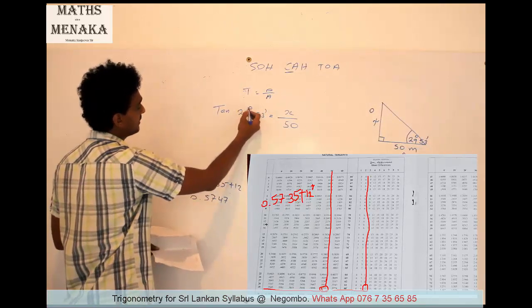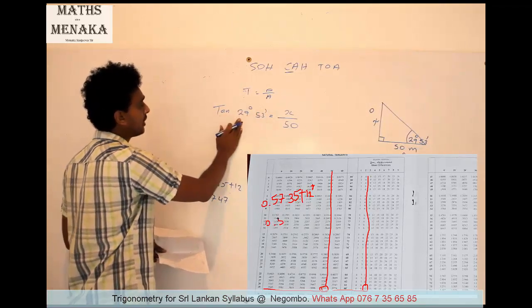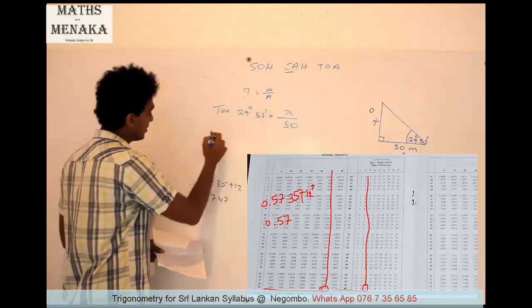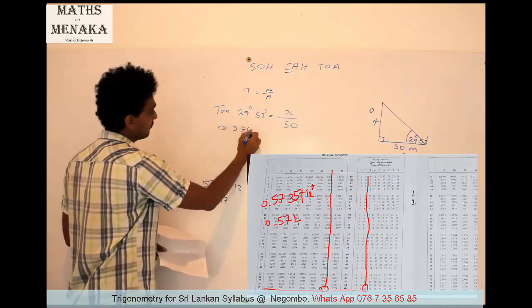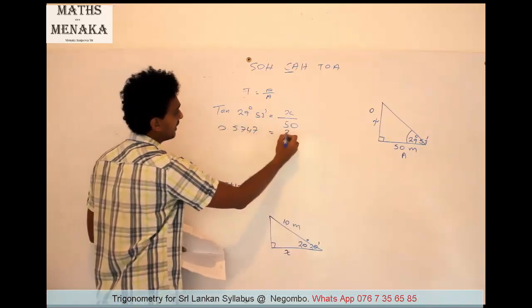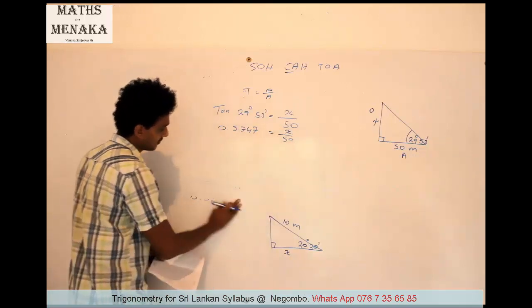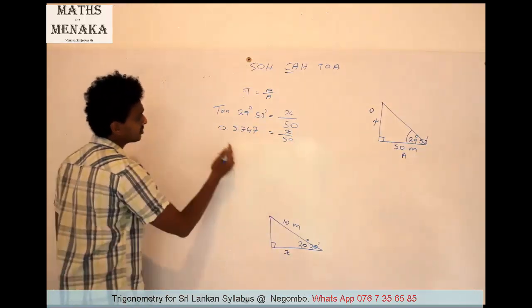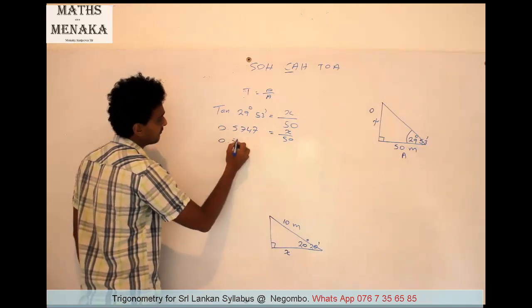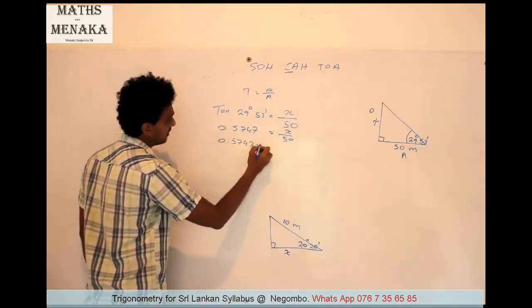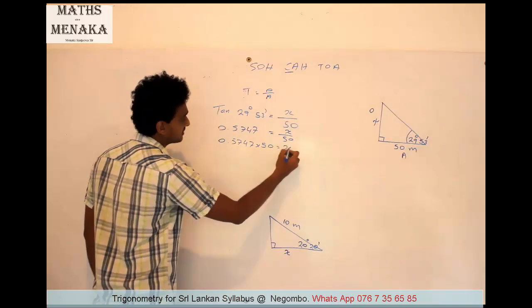Tan 29 degrees 53 minutes, 0.5747, equals x over 50. Then you can do the cross multiplication. 0.5747 into 50 equals x.